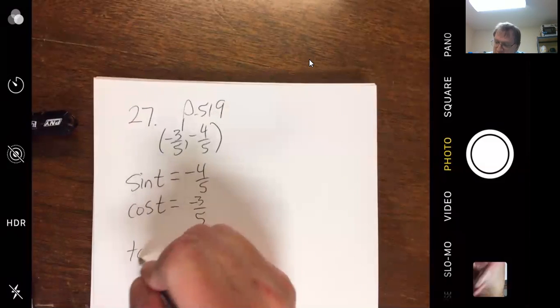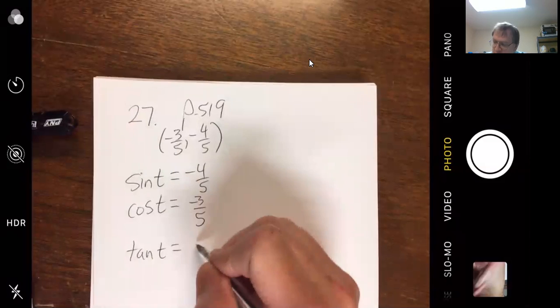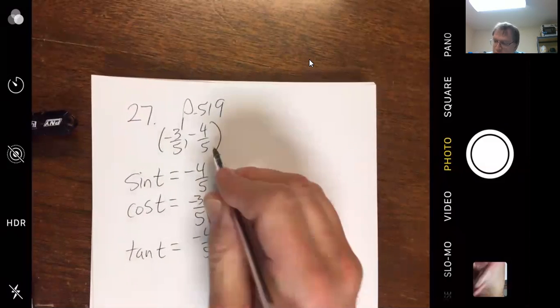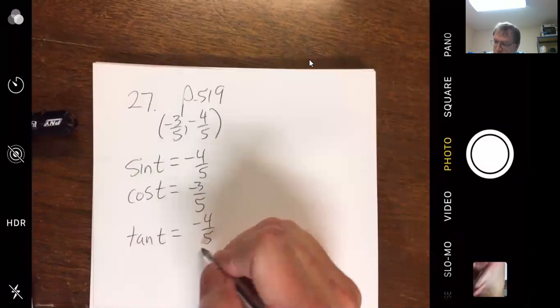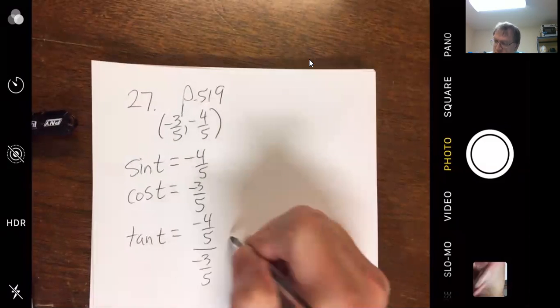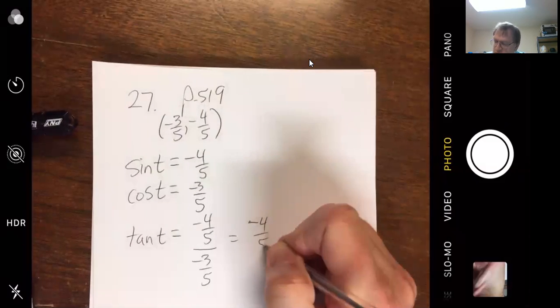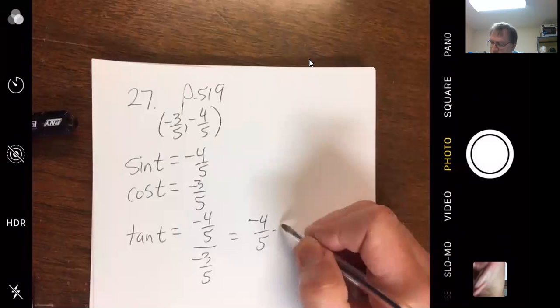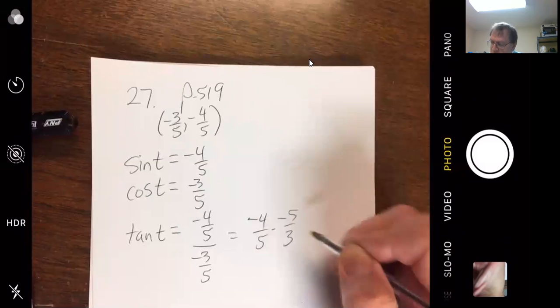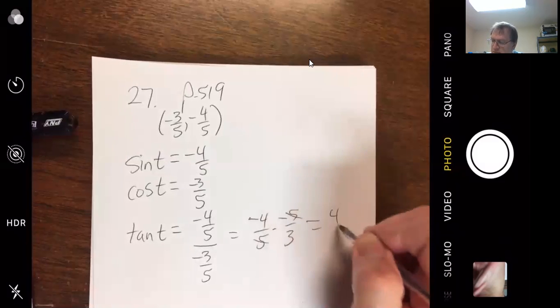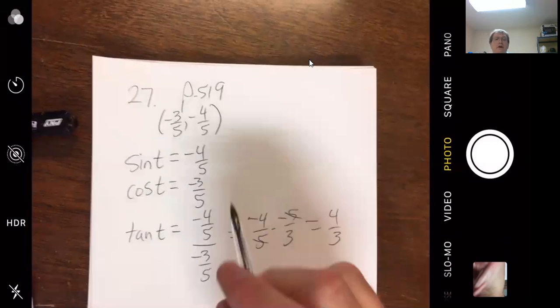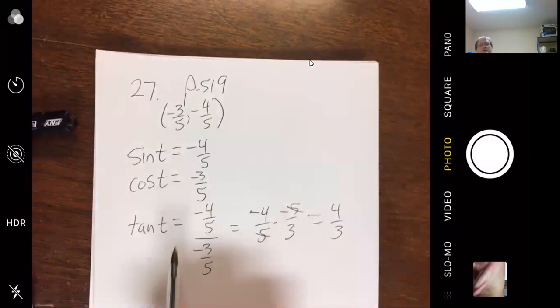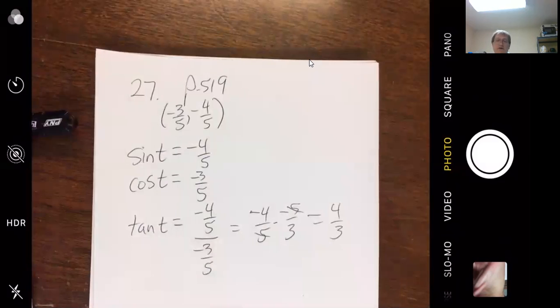And your tangent of t is your y over your x, your sine over your cosine, -4/5 over -3/5. -4/5, and flip the -3/5 to -5/3. Fives cancel, and you're at +4/3. You're in the third quadrant. With x negative, y negative, you're in the third quadrant, positive tangent.